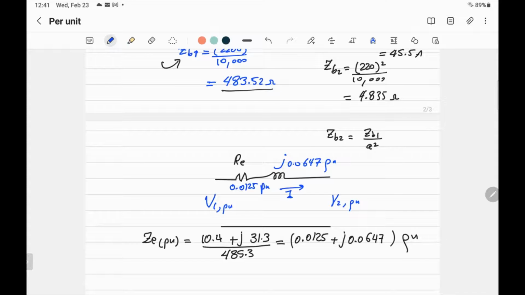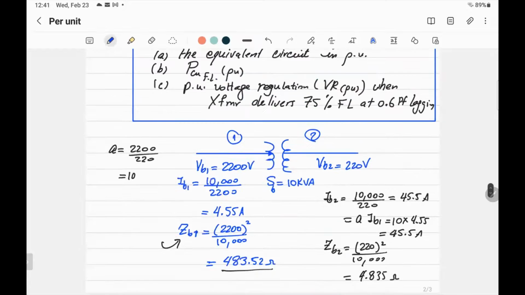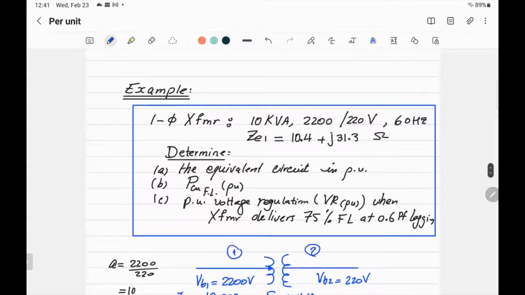Any question? All right. Let's see part B, calculate the copper loss at full load in per unit. So let's do it. I know that we mentioned that it's equal to the equivalent resistance per unit, but just let's do it. Let's assume we don't have R given in the problem. What you will do?